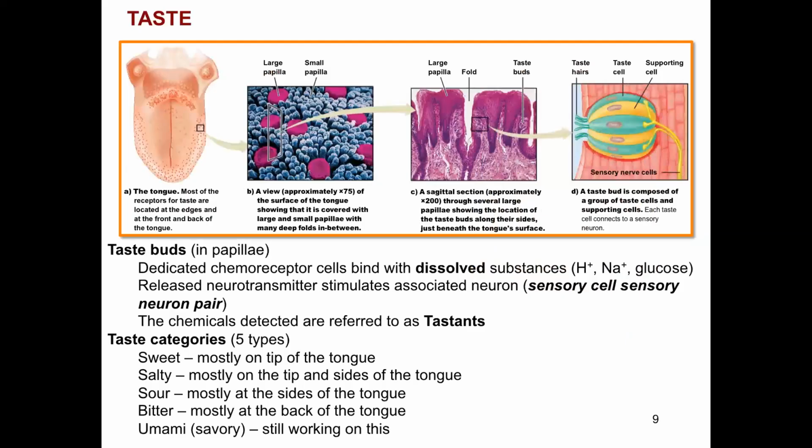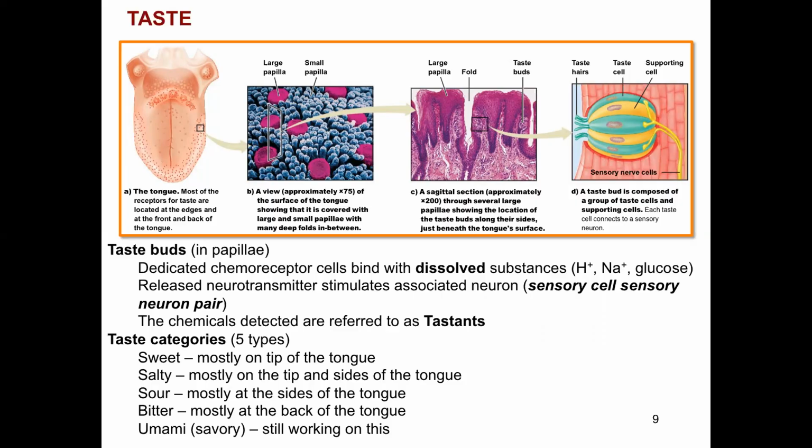Now, getting into our special senses, the first one we're doing is taste. Of course, those sensors are located on the tongue. Here we have a receptor neuron pair, okay? So here we have these special sensing cells. We have 5 different types, and these are chemoreceptors.